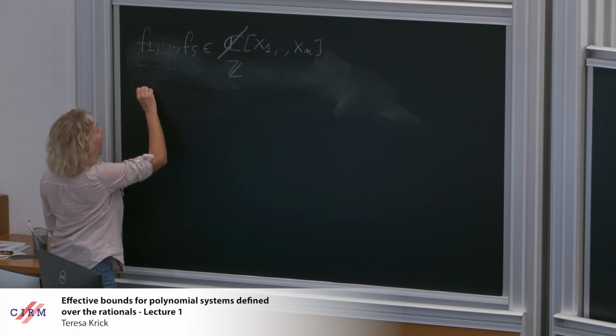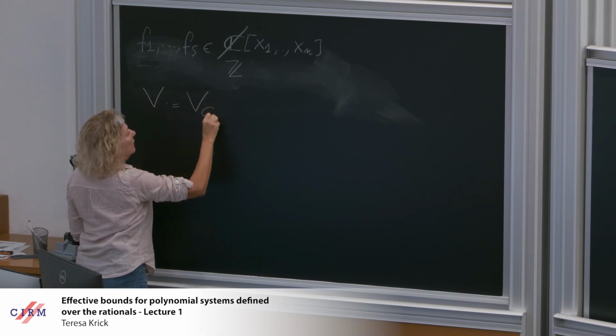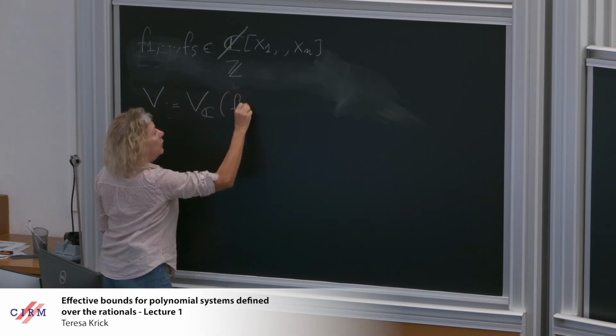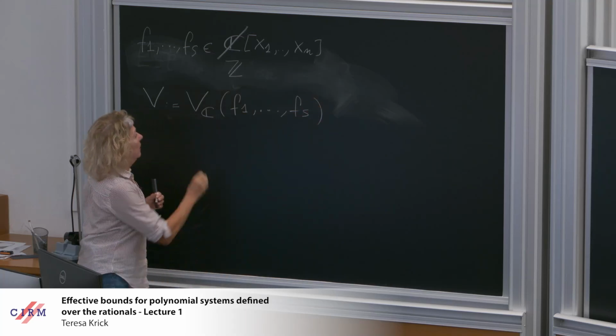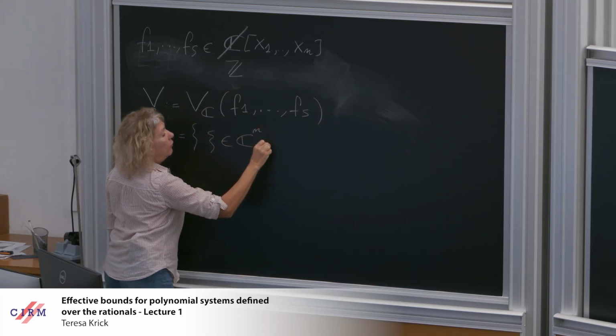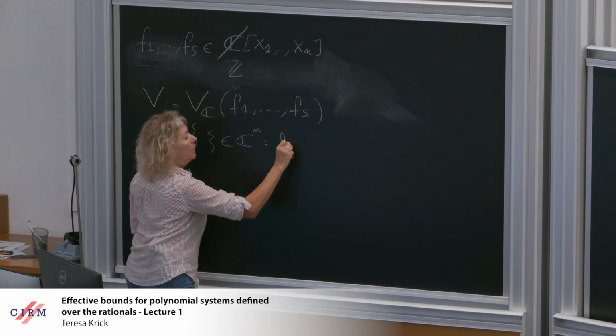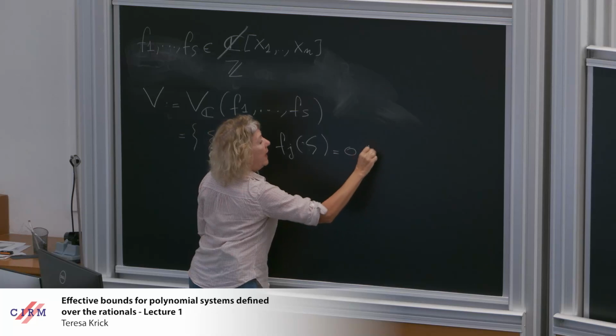I will denote by V the variety defined by these polynomials, which means the set of common roots of all the polynomials in C to the n.